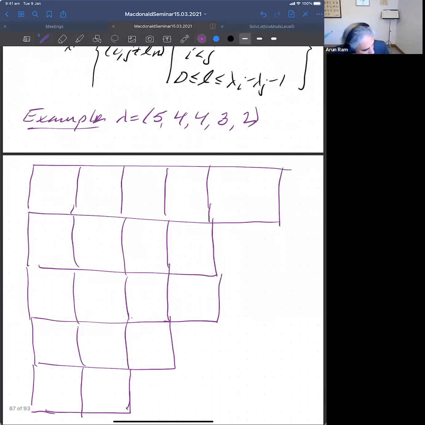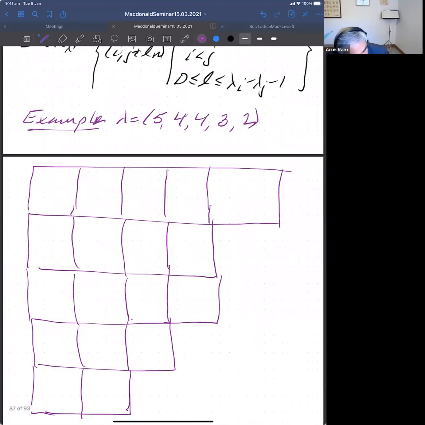Okay, now I'm going to write my inversions. So I'm looking for pairs i less than j, and L has to run between 0 and lambda i minus lambda j minus 1. So I look here at this pair.